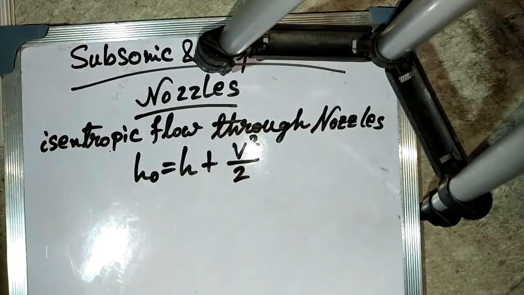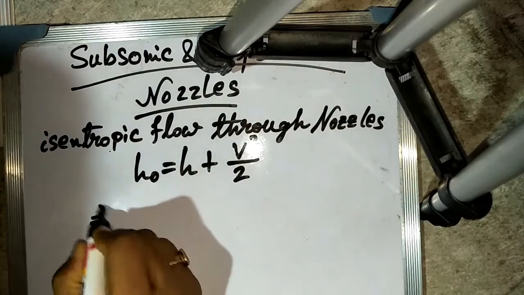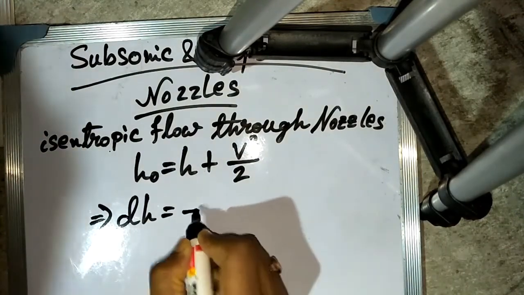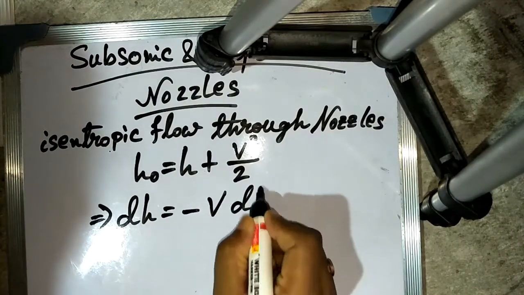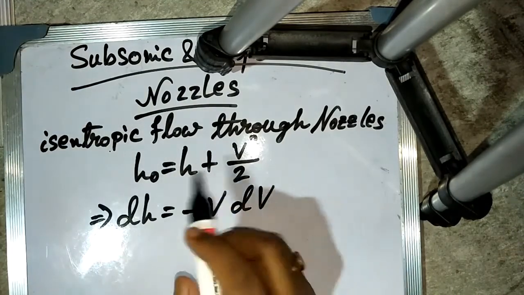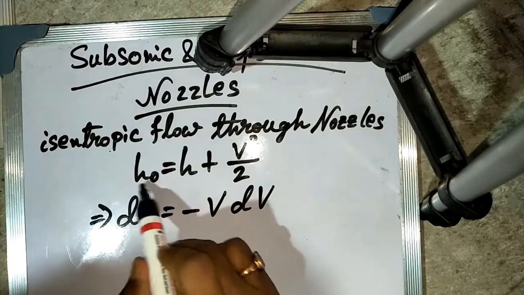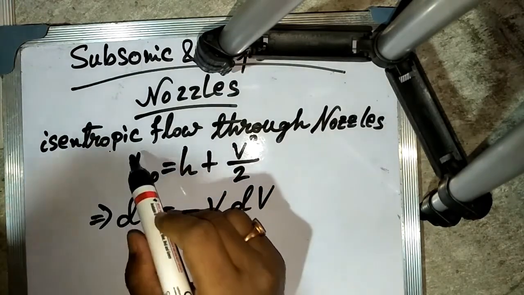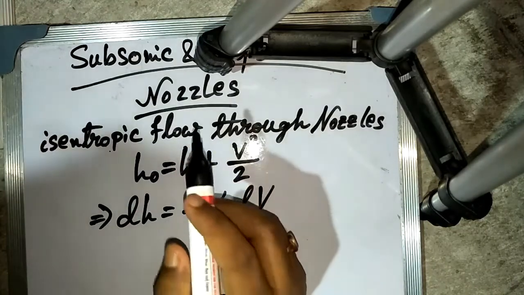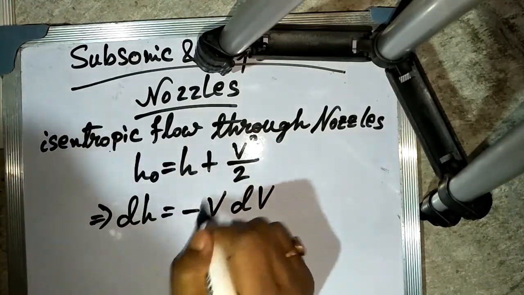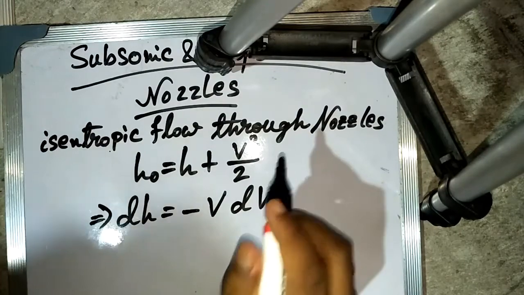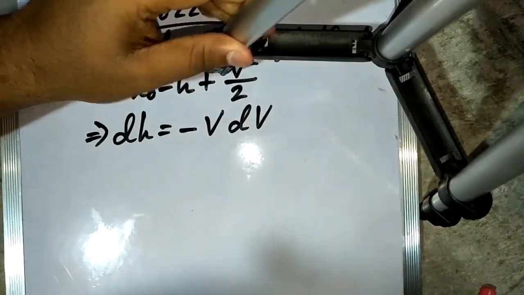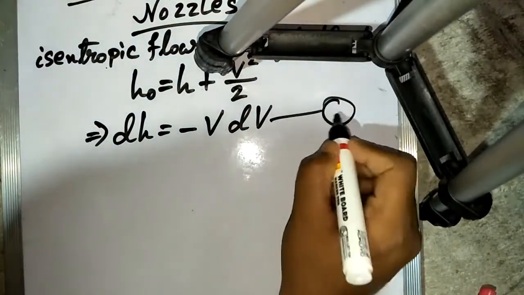dH equals minus V dV. Since H0 is the stagnation enthalpy and it does not change, the minus sign comes. This is equation number 1.